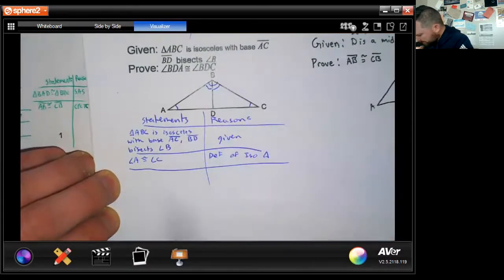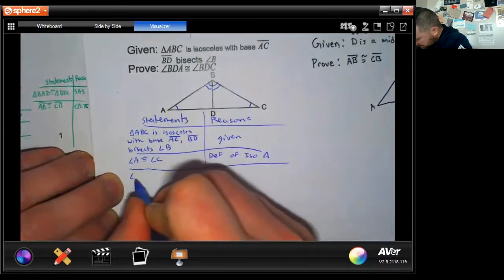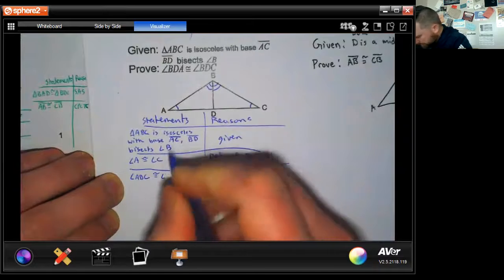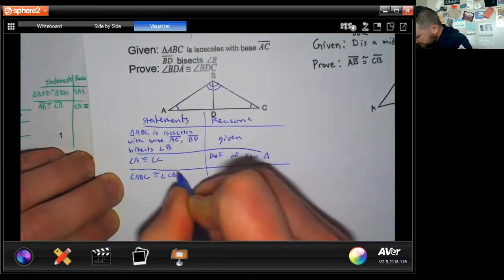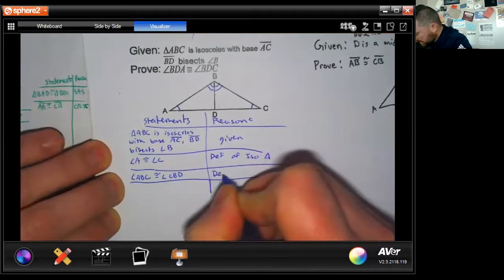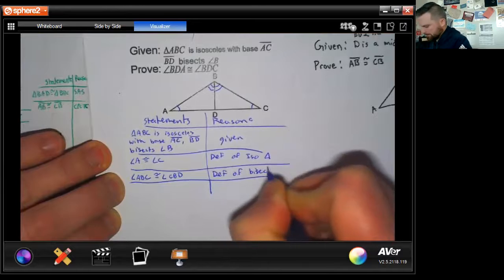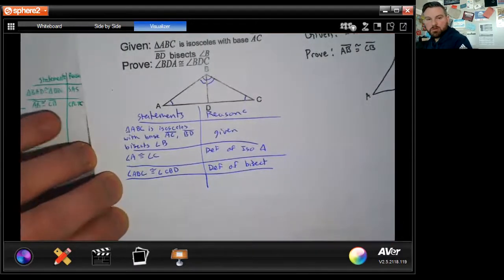Okay. So angle ABD is congruent to angle CBD. And that was definition of bisect. Okay. Now I just noticed this, we don't have to prove that the triangles are congruent.